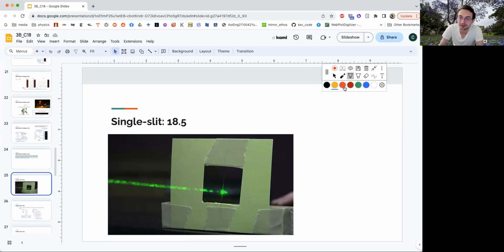Just to hammer this home, with a double slit, oftentimes in physics books, they're drawn like this. We have two infinitesimally small openings that are separated by a distance, little d, and that's why we get interference. With a single slit, sorry, let me draw this a little bit better.